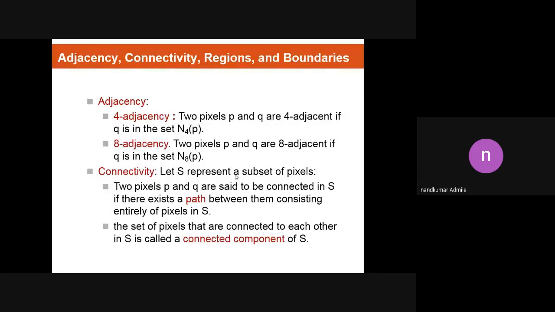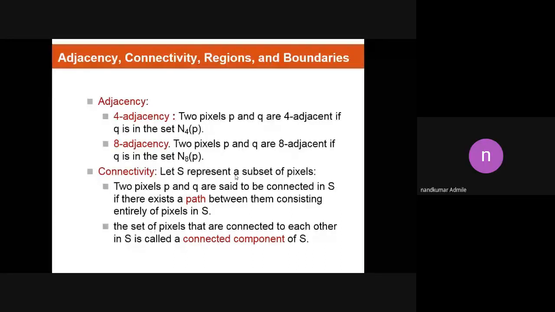Yes, Sudarshan Kodi, roll number 41. Yes, sir. What are these 3 types of connectivity? Which 3 connectivities are there? Tell me the 3 types of connectivity.